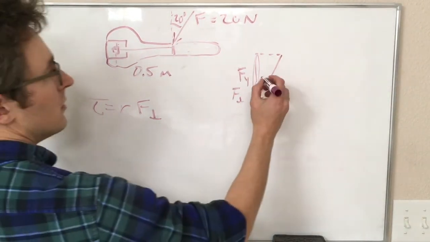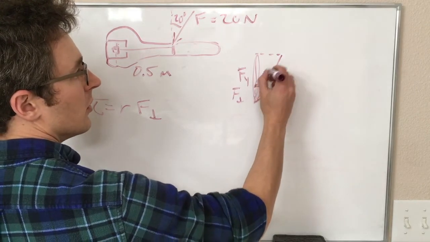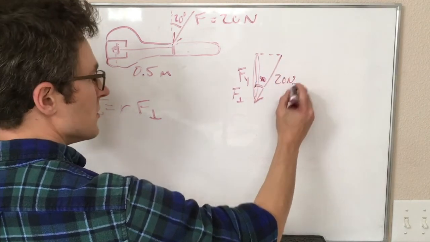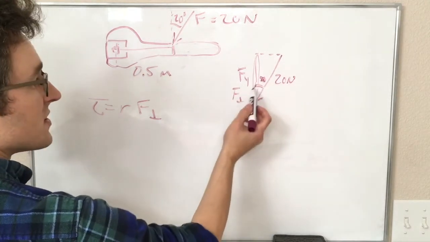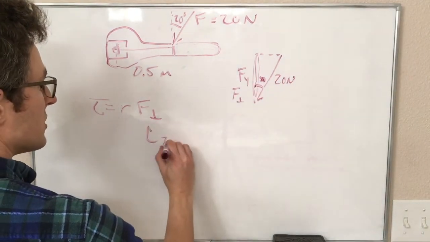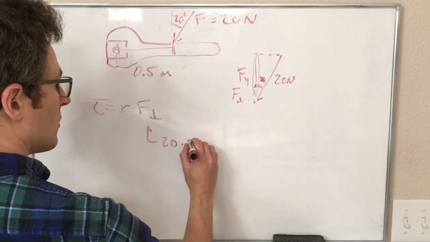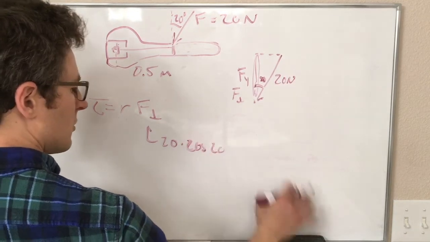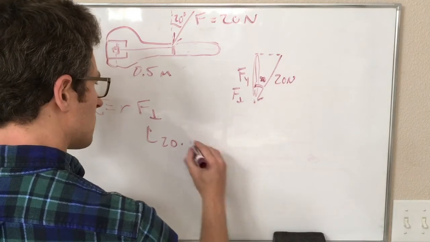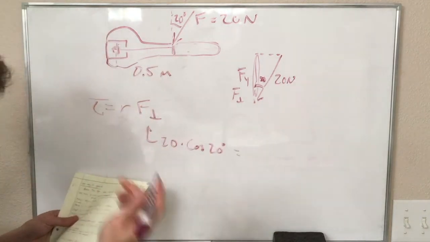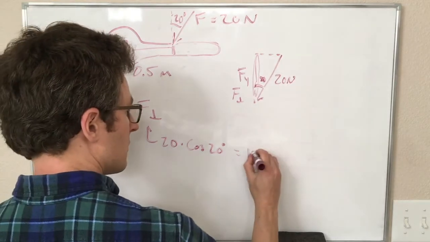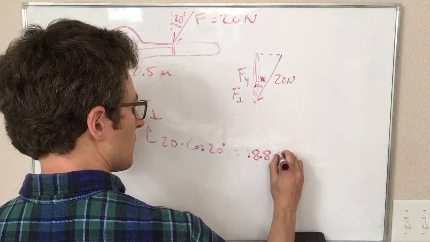So if this is our 20 degree angle and this is our 20 newtons, this adjacent side is 20 times the cosine of 20, which is equal to 18.8 newtons.